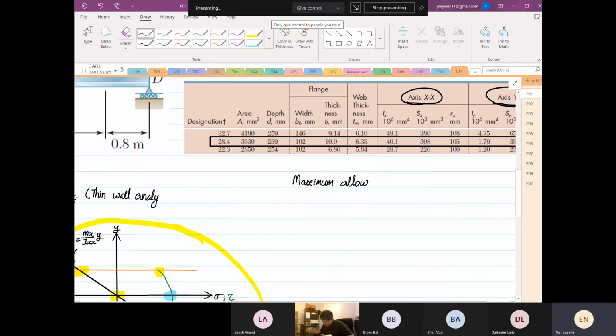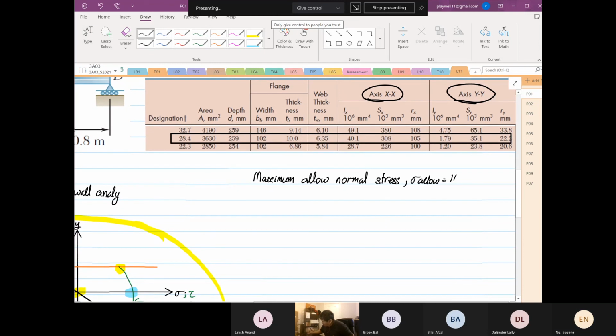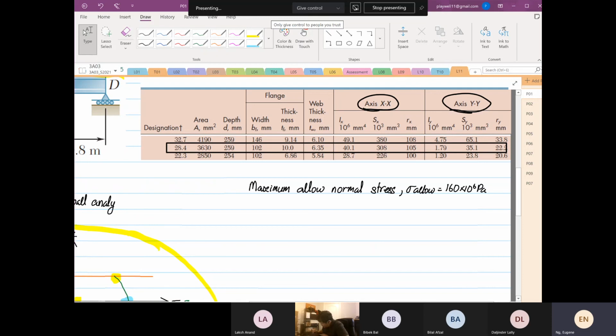The allowable stress is equal to 160 times 10 to the power 6 Pascal. From the data handbook, we find our IXX. We take our IXX value, which is equal to 40.1.